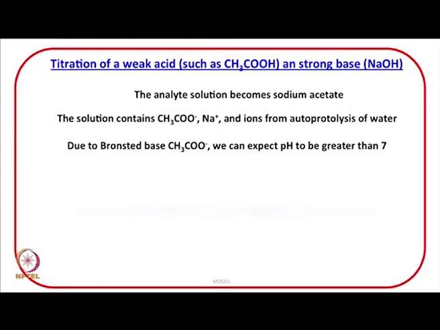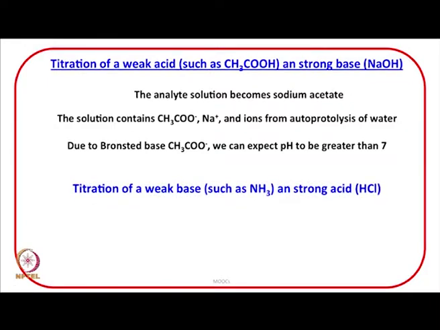Now, what about when you titrate a weak base such as ammonia with a strong acid such as HCl? And obviously, when you titrate ammonia with HCl in an aqueous solution, the analyte solution becomes ammonium chloride. In the solution, you will have formation of ammonium chloride.